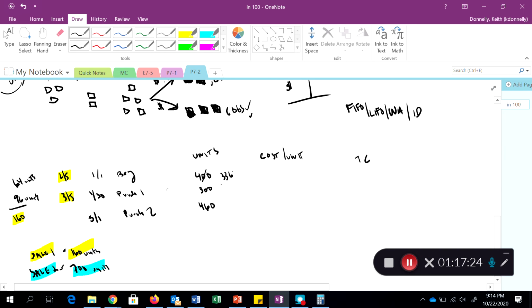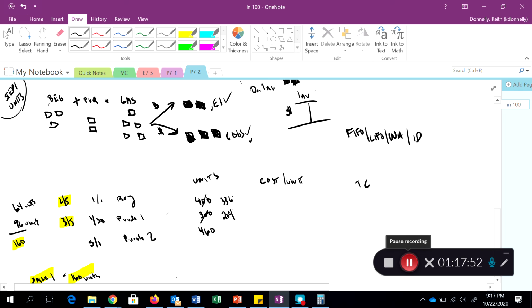And then from the 1/30 purchase, it looks like we took 96 units, which means we're left here with 204 units. So that's after sale 1.